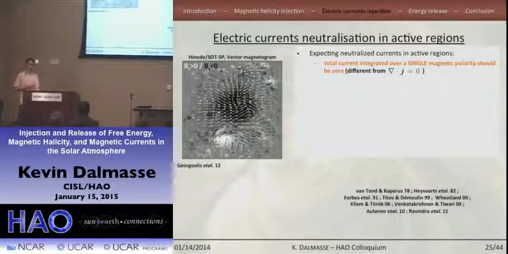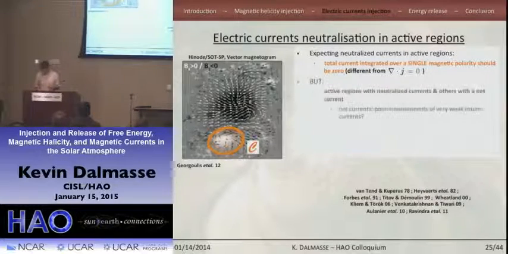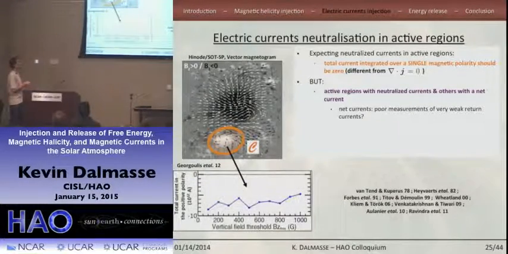That is to say that the total electric currents integrated over each single magnetic polarity of the active region should be 0. So observational studies have started to address the question of neutralization of electric currents in active regions. And while some of them show active regions with neutralized electric currents, others are showing, or seem to be showing, active regions with a net current.